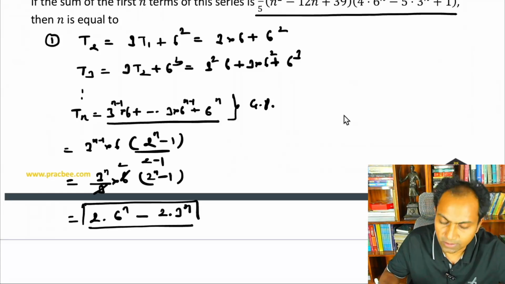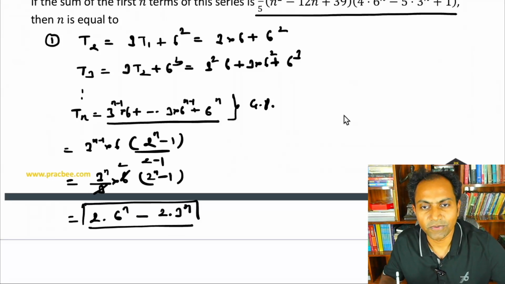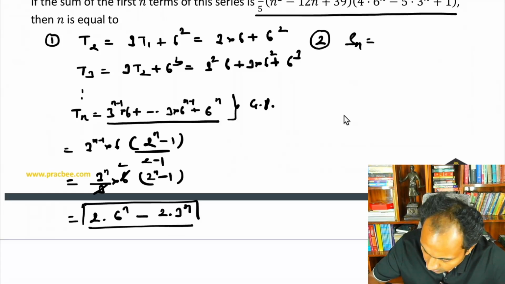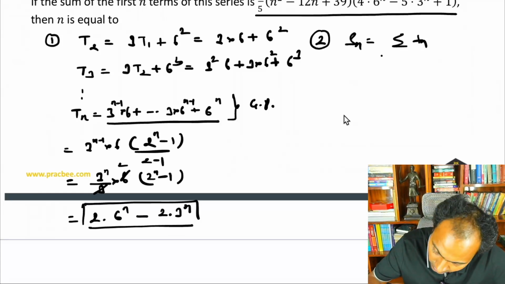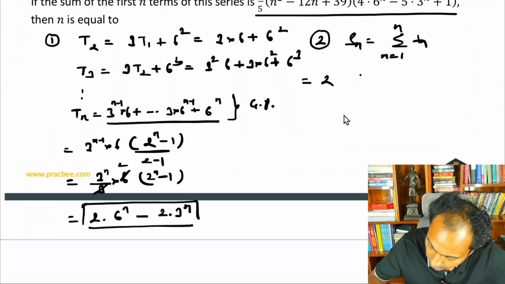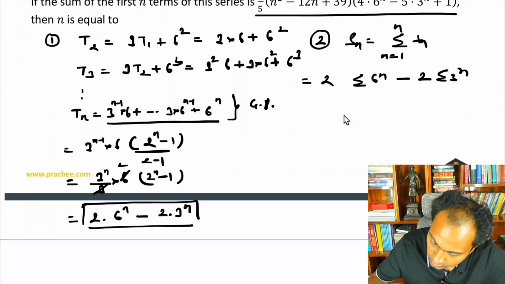Now this is Tn. From Tn, now we can apply summation and find the value of Sn. So in the next part, we are going to find the value of Sn by putting summation of Tn, n is equal to 1 to n. You can see that this will become 2 times summation of 6 raised to the power n minus 2 into summation of 3 raised to the power n.